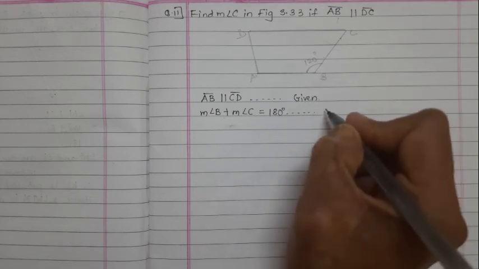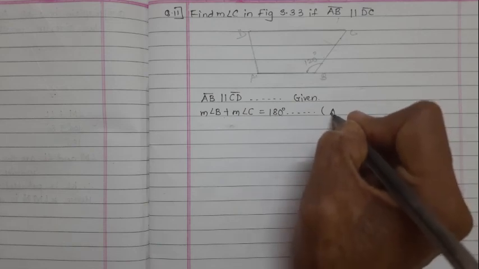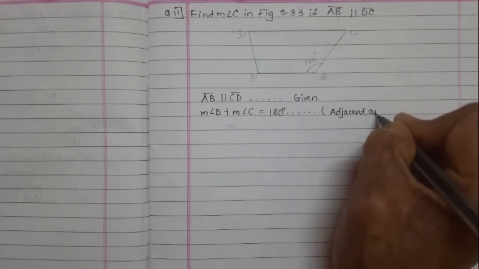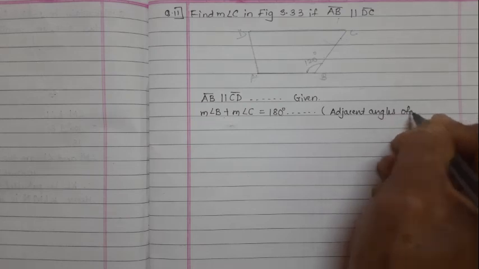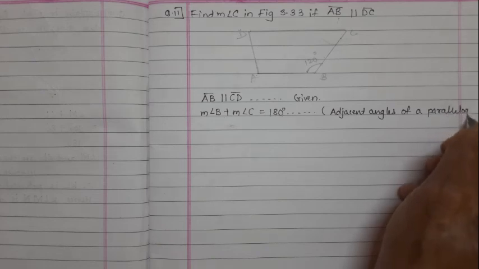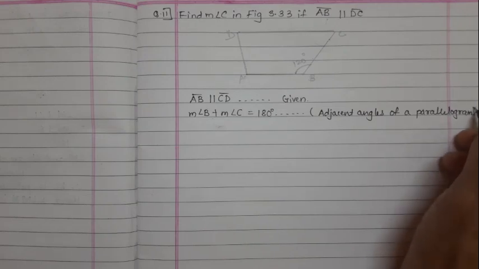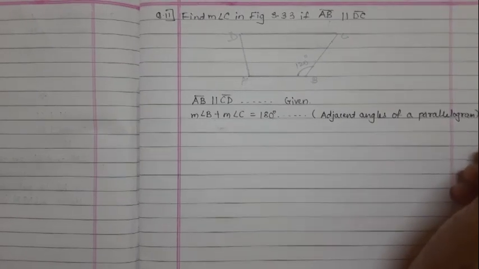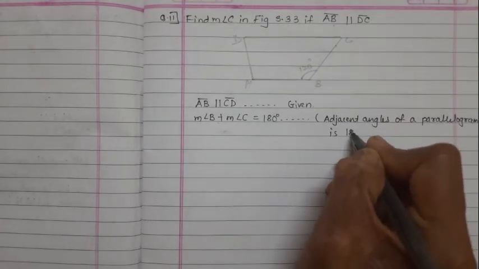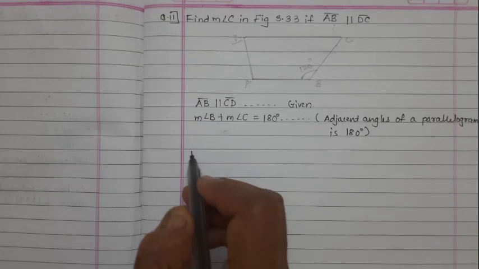Why? What is the reason? Adjacent angles of a parallelogram sum to 180 degree. So measure of angle B, how much is it given?